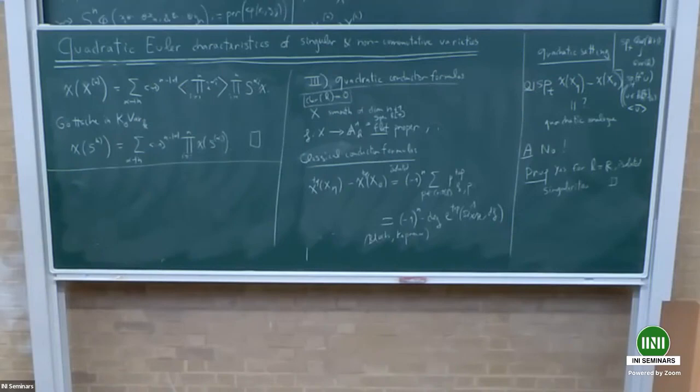Well, yes, it's the same for smooth projective varieties, but also once you are in this motivic homotopy picture, you can define a chi without compact support.